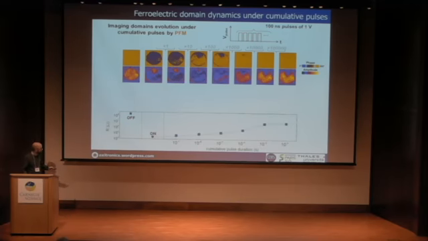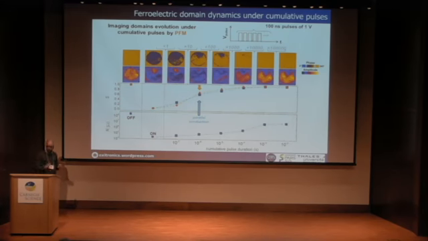So we can also collect the resistance as a function of these cumulative pulses. And we see that we go also towards the off state. So from the images, we estimate the fraction of down to up domains, S equals 0 in the on state, and S equals 1 in the off state. From the resistance also, from the parallel conduction, we can estimate S, and we have a good agreement with the PFM observations.